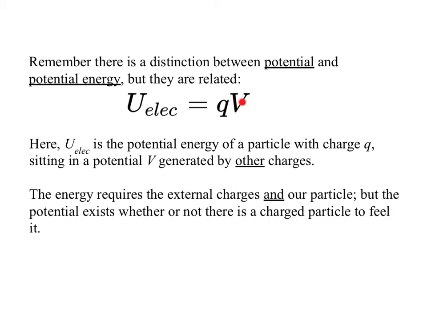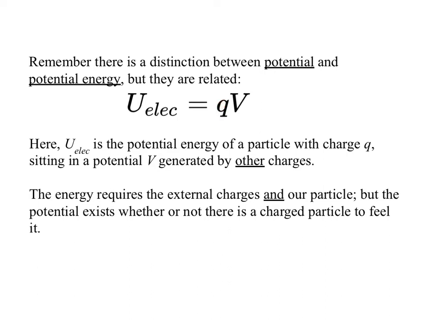And generally, we don't let these move. We're saying these are the given structure, and this is what we want to talk about, what moves in it. The energy requires this charge. U electric requires something here, and therefore requires our particle as well. But the potential exists only because of the external charges. It doesn't matter whether there's a charge there to feel it or not.